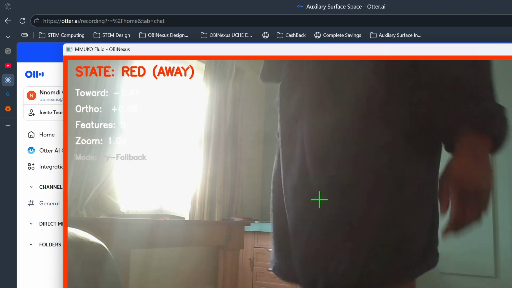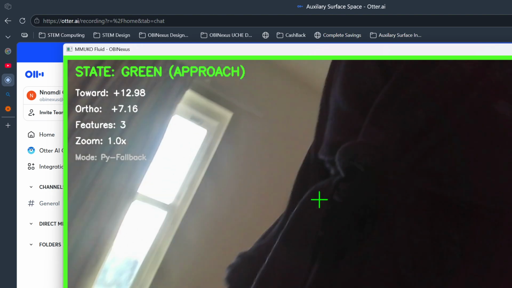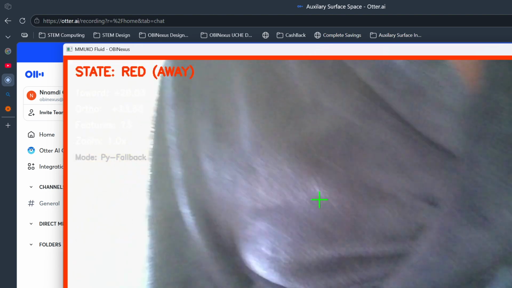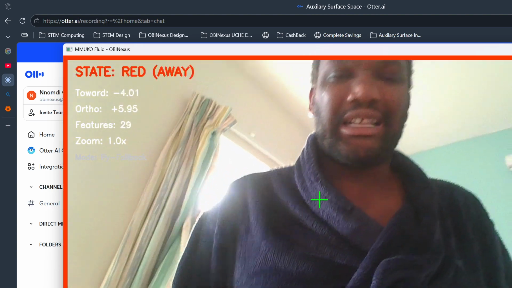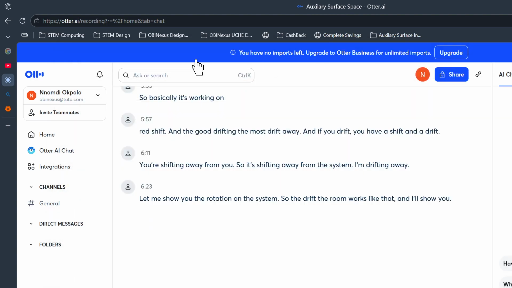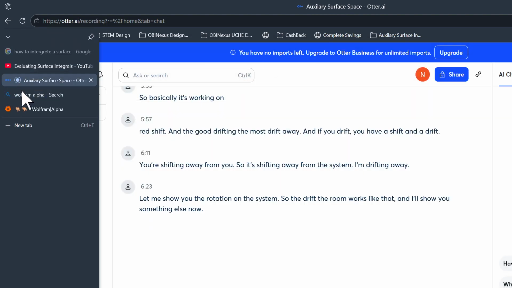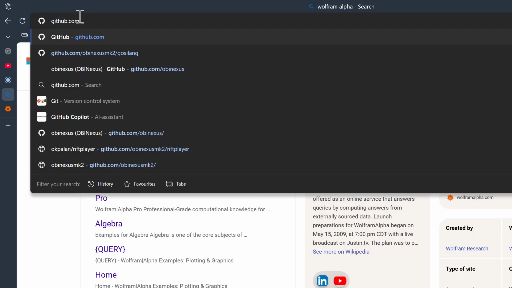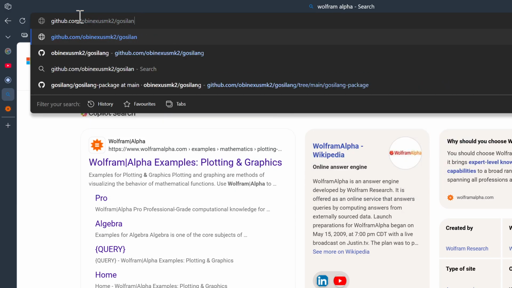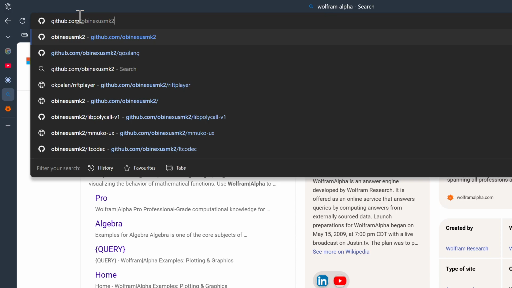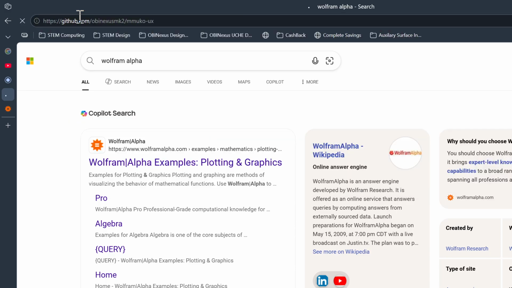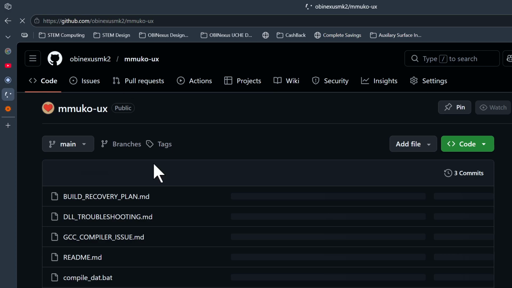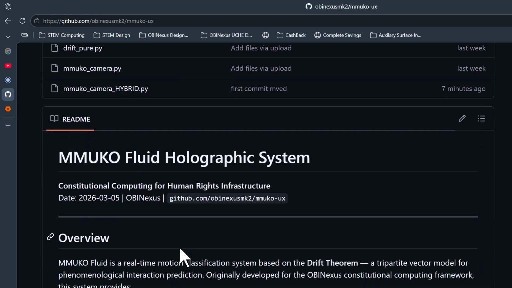Let me show you the notation on the system. So the drift theorem works like that. And I'll show you something else. Now, if you go here, Muco UX, yeah. This is basically the version of the drift theorem. So this is the fluid choreographic system.